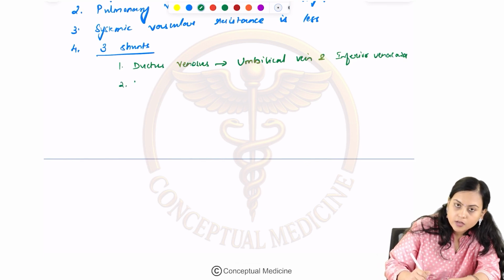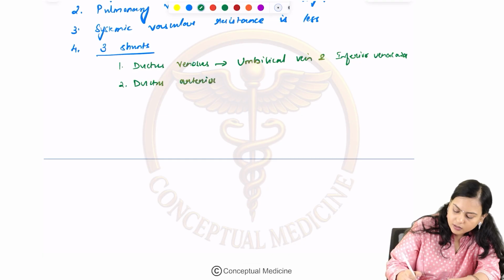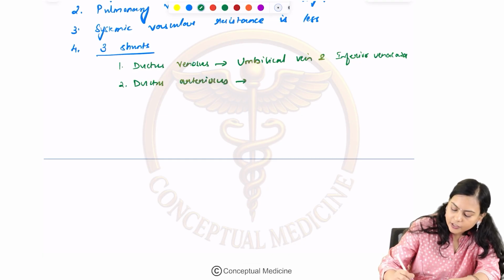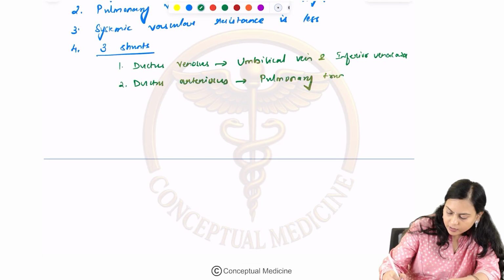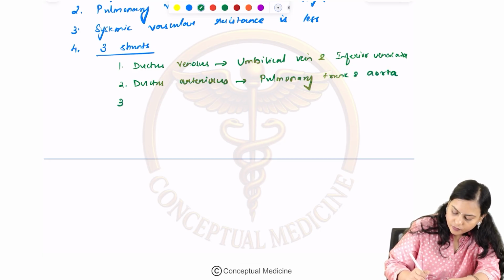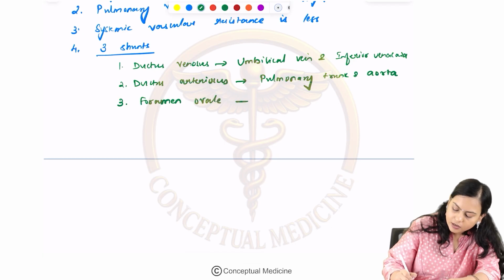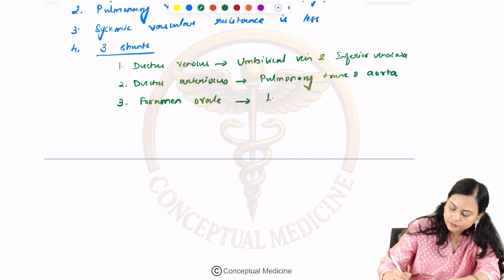Number two is the ductus arteriosus, which is a connection between pulmonary trunk and aorta. Number three is the foramen ovale, which is a connection between the left and right atrium.